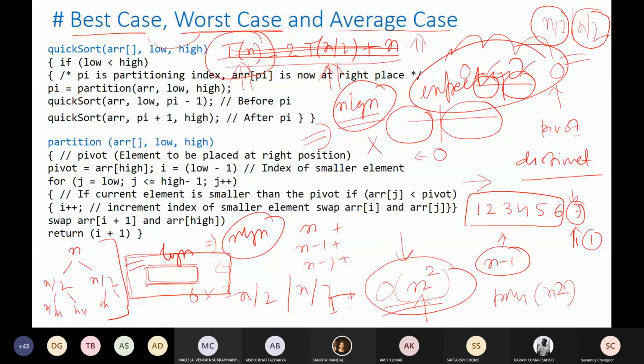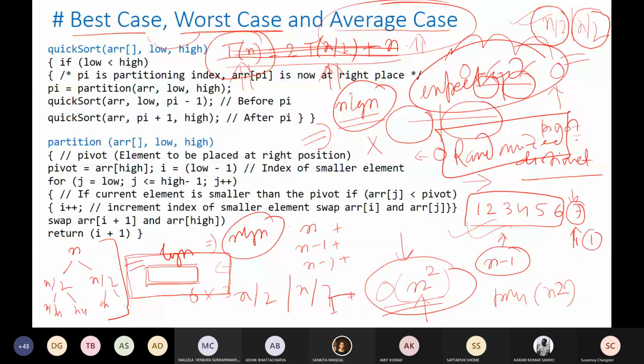Average case means we consider an input which is not defined previously. We will not say that we will always get a sorted array, or that our input will always be divided into n by 2 and n by 2. There are some methods to get this average case time complexity, known as randomized algorithms. We have one topic on randomization, which we will discuss later.